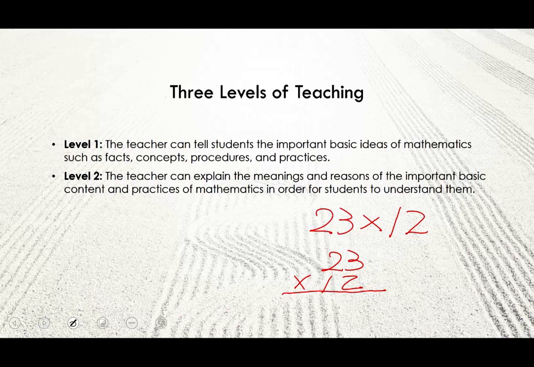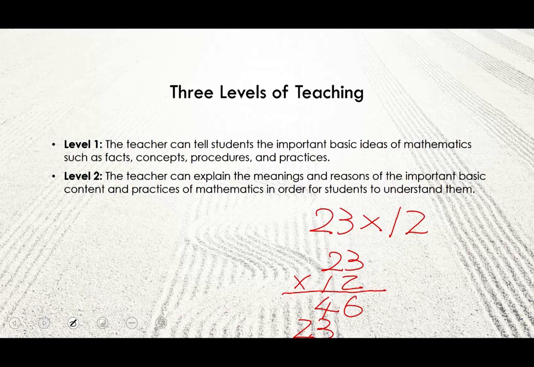First, you need to multiply ones and ones, which is 6, and then ones and tens, 4, and then tens and 1, which is 3, and then ones and 2, and then add them all. That's what a level 1 teacher teaches.